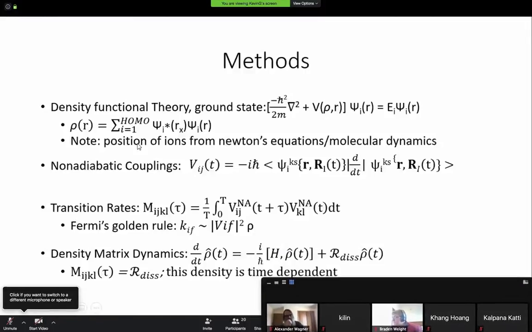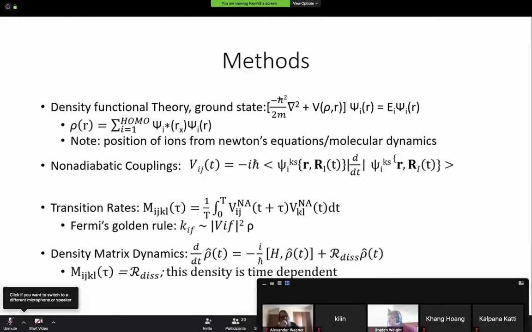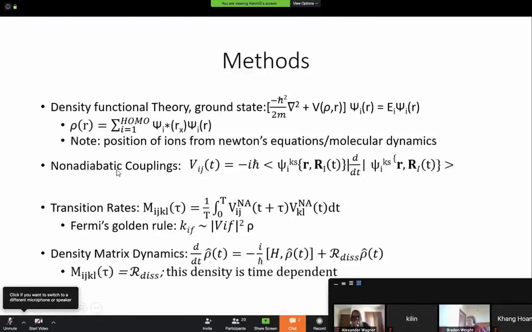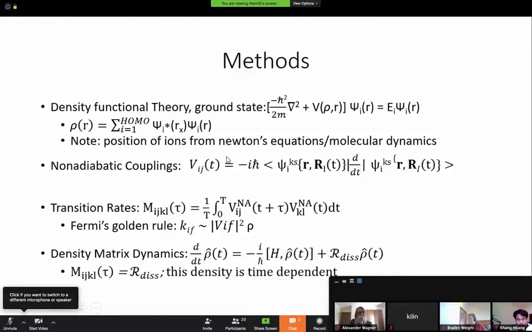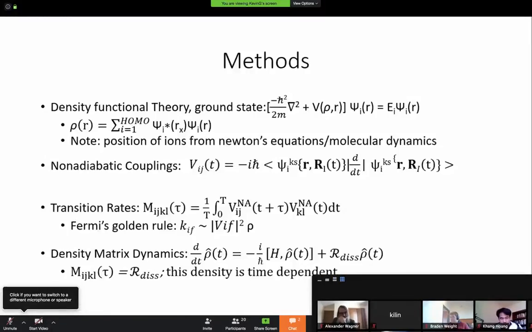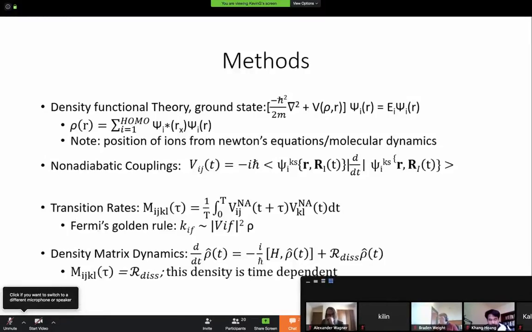I just wanted to make a quick note about that. And then, so I got my expectation values from density functional theory, and then I use non-adiabatic couplings right here to see how my energy and position expectation values change in time. So I'll go into those results shortly.